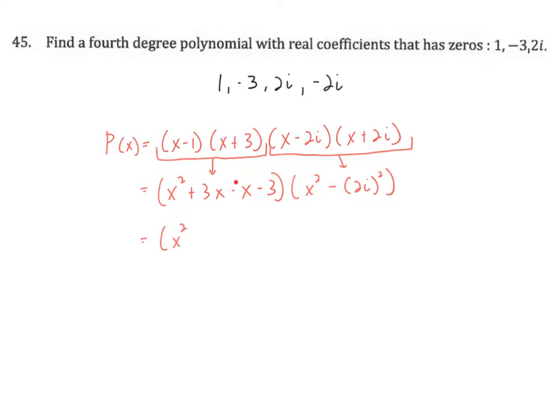Okay, 3x minus x, we can combine those like terms. And then x squared. Okay, so when we square 2i, we'll square 2, and that'll be 4. And then remember, if you square i squared, so here I'll write off to the side. So remember, i squared is really -1.